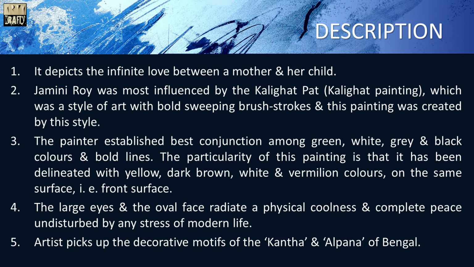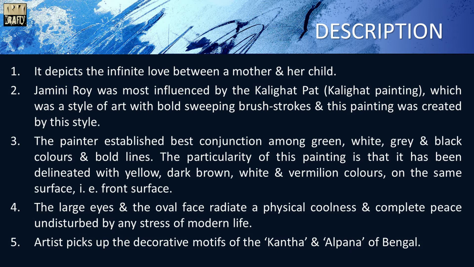The painter established the best conjunction among green, white, grey, and black colors and bold lines. The particularity of this painting is that it has been delineated with yellow, dark brown, white, and vermilion colors on the same surface, that is, the front surface.